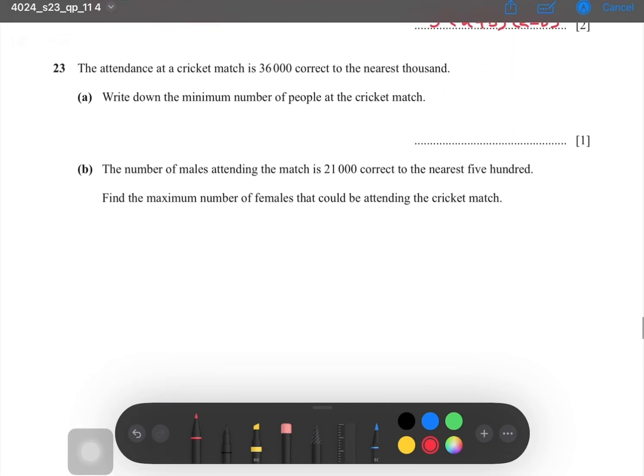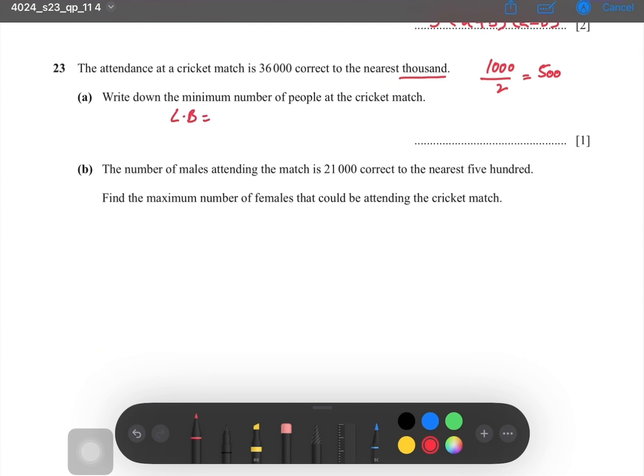Come to the question number 23. The attendance of a cricket match is 36,000 correct to the nearest 1,000. So 1,000 means I have to divide 1,000 by 2. So it will be 500. Write down the minimum number of people at the cricket match. Minimum numbers mean I have to find out lower bound.